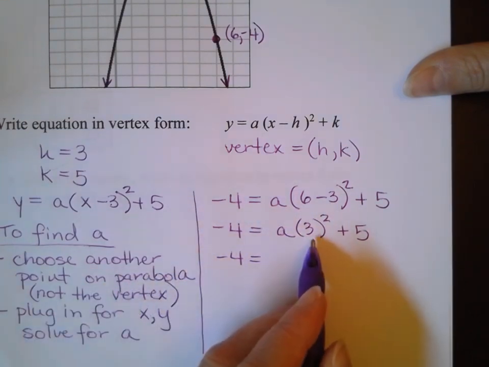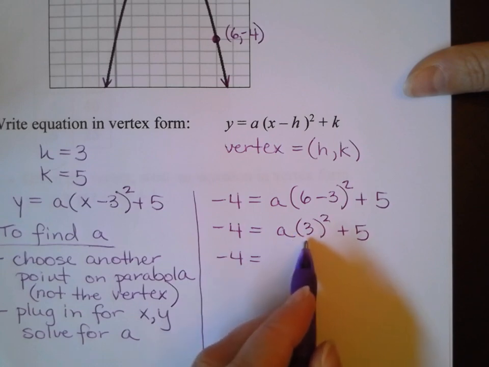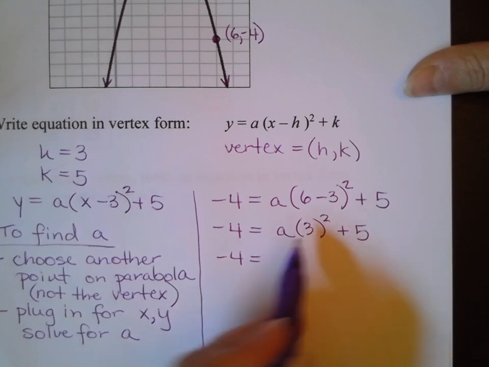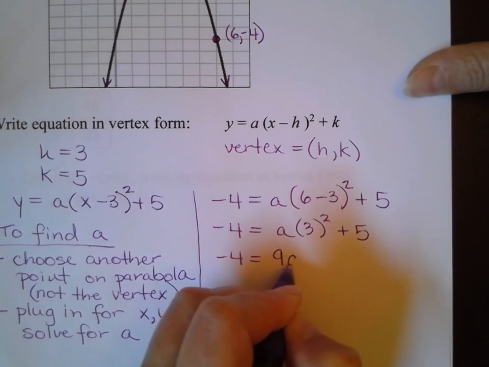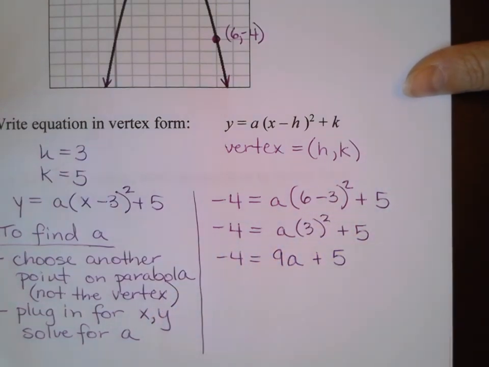Three squared is 9, and we do the multiplying first. 9 times a is 9a. It would not be appropriate to combine these numbers together, right? Those are the sorts of things that make math teachers cry. So do it like that. That's in accordance with the order of operations.